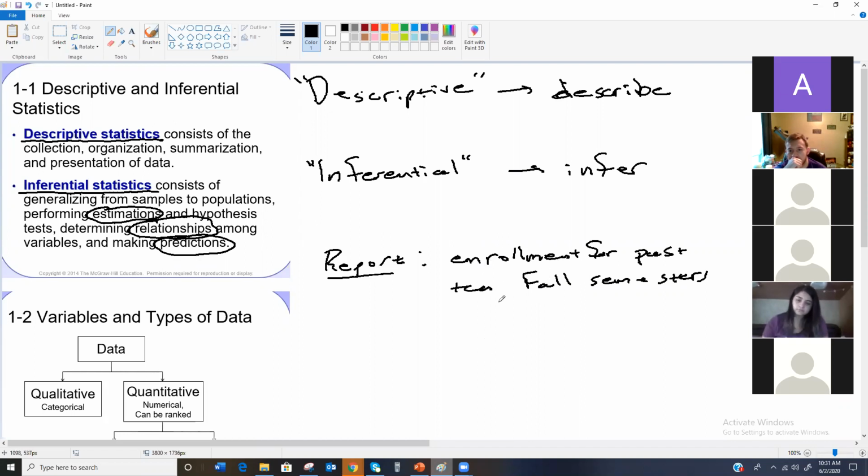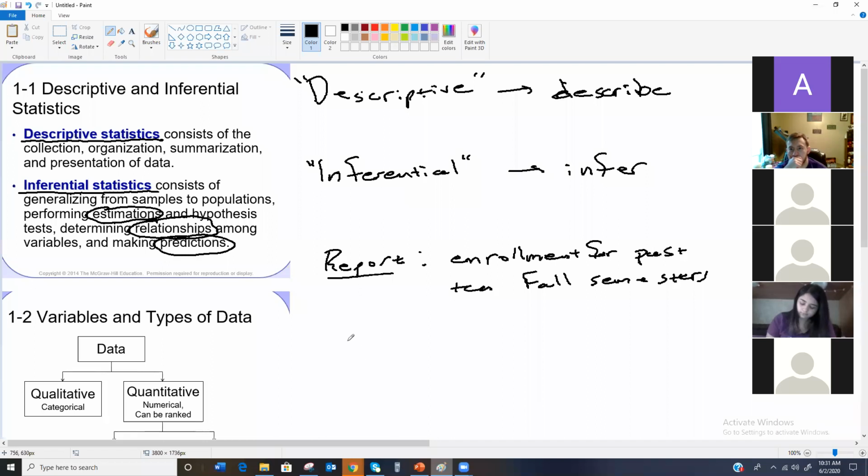I just report it. I list all 10 fall semesters, I say what the enrollment was, and I stop there. That's descriptive. If I try to predict what the fall enrollment for this year is going to be using that data, then I'm doing inferential.